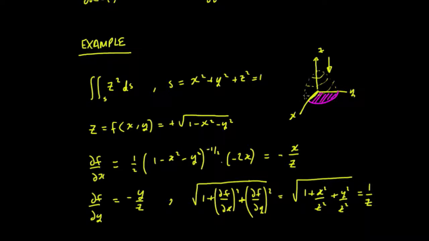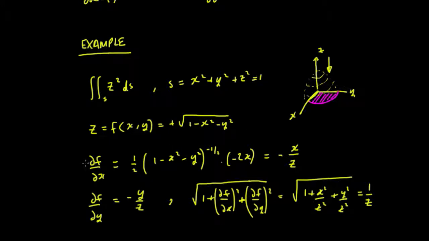Let's take the projection of that sphere down on the xy plane. So we're looking down here, and it's a quarter of a sphere, and we're looking down onto the xy plane here. And we can then write z as a function of x and y, by rearranging this such that it equals the positive root of 1 minus x squared minus y squared.